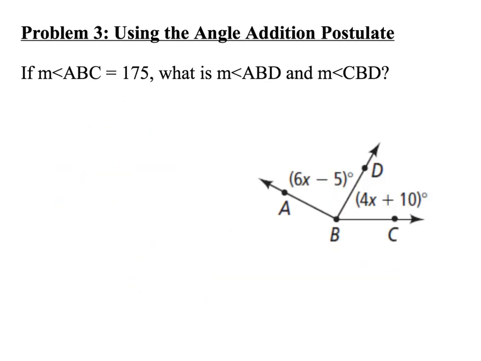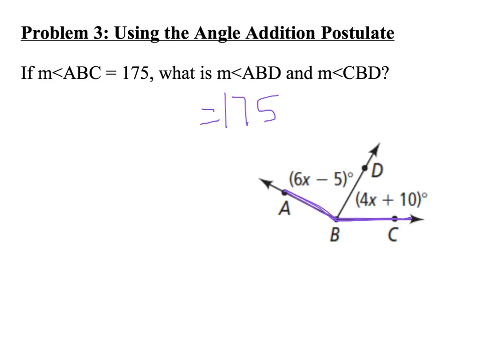When you're looking at this picture here, it's telling me that angle ABC. So I'm first going to trace out ABC. And right away I see that angle ABC is my big. So I know that small plus small equals big. So I'm going to put that equal to 175 because that's my big.